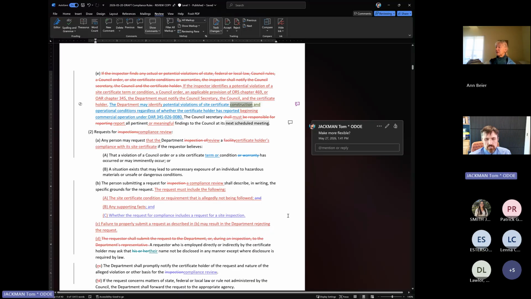Yeah, I don't think the department is looking to identify violations that aren't relevant or applicable to a facility. I don't know that serves any purpose or function, although obviously there's always a concern that language could be misconstrued or implemented improperly.